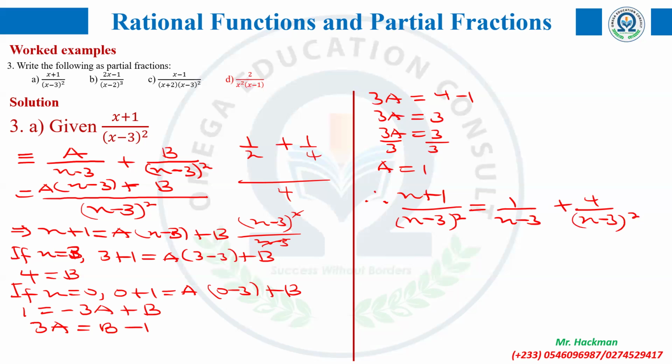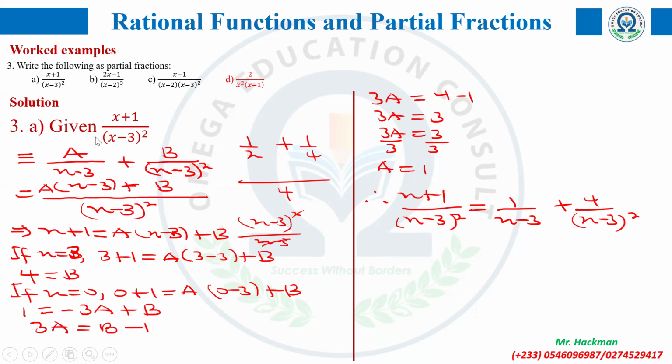Yes, sir. However, and I repeat, however, whenever you have this kind of situation, a rational function where the denominator contains a linear repeated factor, only one linear repeated factor with no other factor attached. If you look at this, you can see that your denominator here is a linear factor which is repeated with no other factor attached.